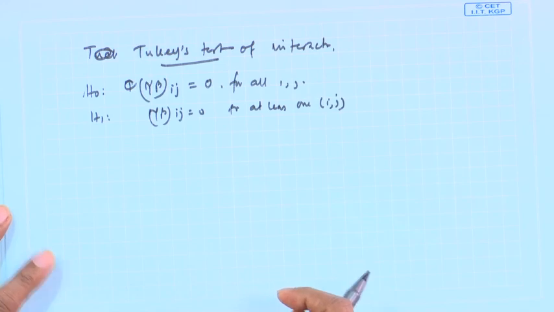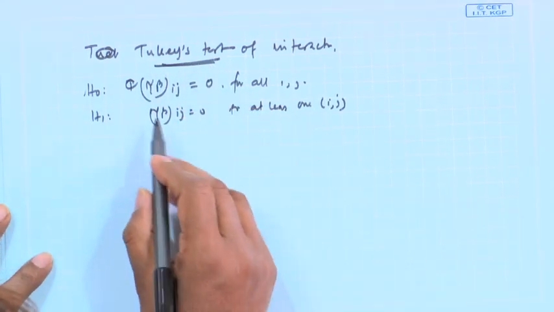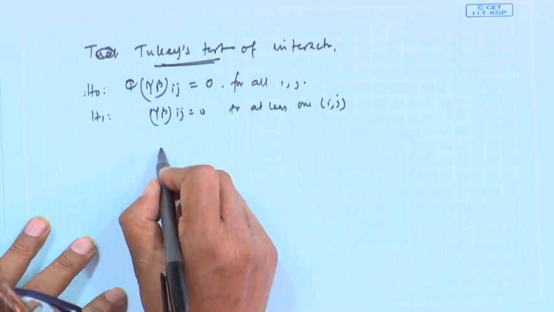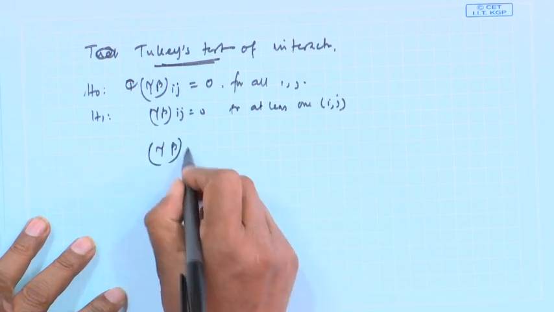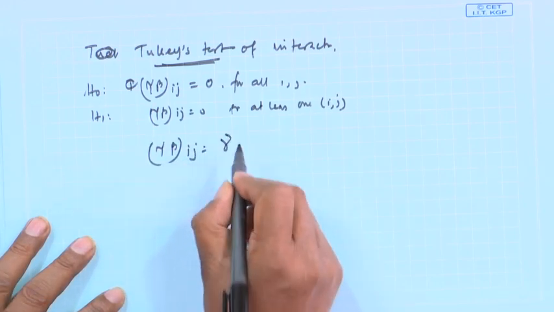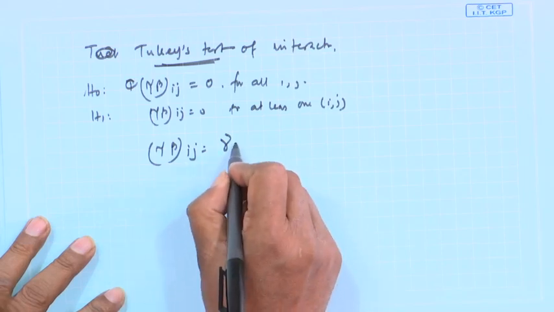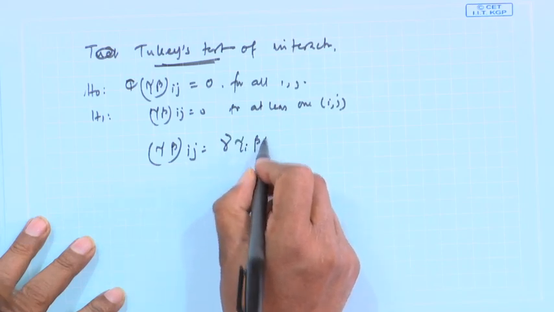So, in Tukey's test, you have to test this. Tukey says that this tau beta ij can be thought of as gamma, a constant, times tau i times beta j.